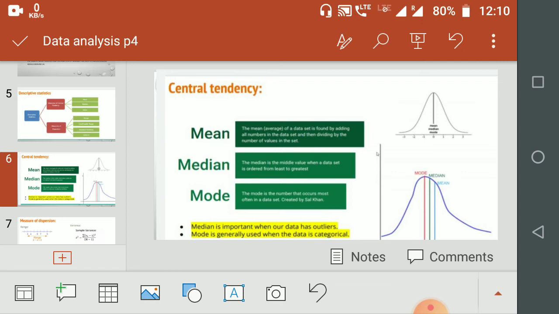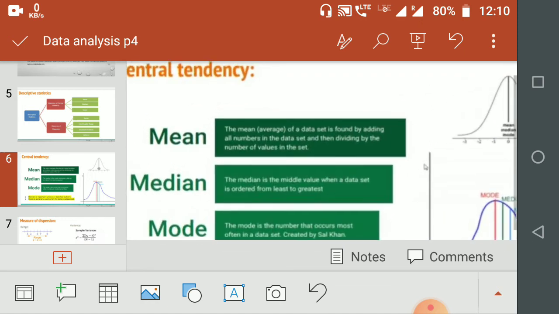So what is the mean? The mean, or average, of a data set is found by adding all the numbers in a data set and then dividing by the number of values in the set. So actually it is the average. Then the median.